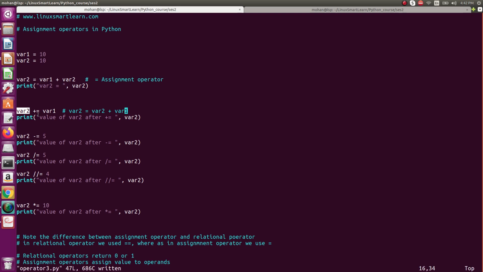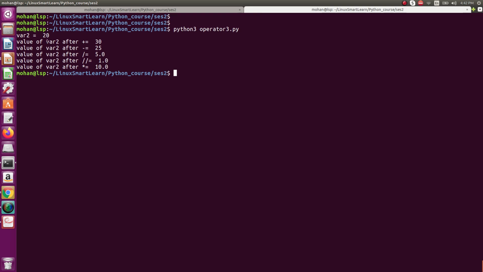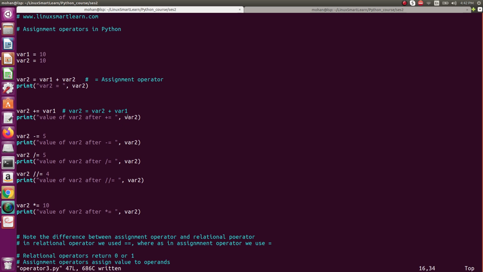So this plus equal to, when expanded, can be written like this: var2 equal to var2 plus var1. So in this case, the value of var2 after plus equal to is 30. Initially it was 20, and 20 plus 10 equal to 30. Now var2 has a value 30.